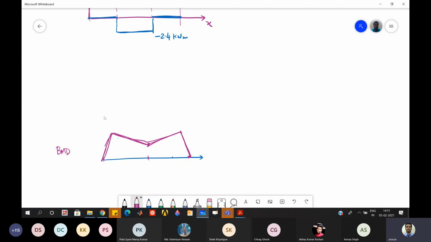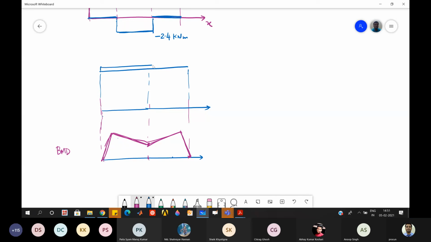Now you have to tell me what should be the corresponding loading. Okay, which kind of loading can give you this kind of bending moment diagram. So I'll draw one line because generally SFD also is related to this problem. And then this is your beam, let us say. So you have to tell me what the loading is.